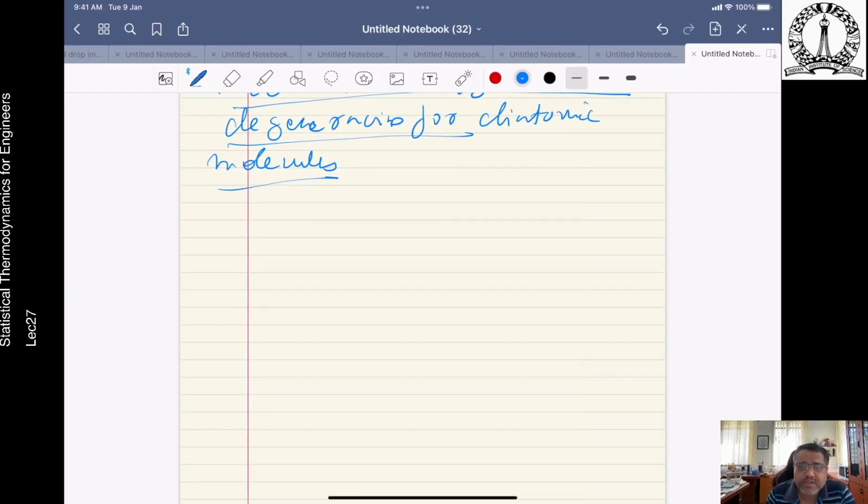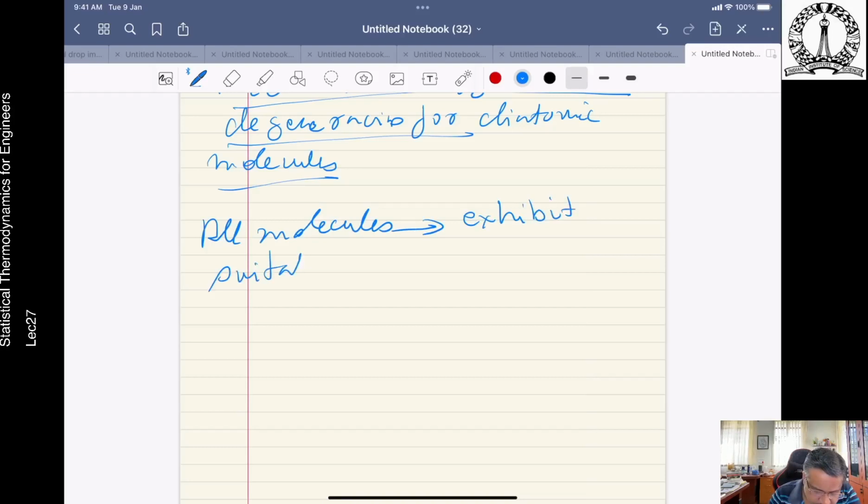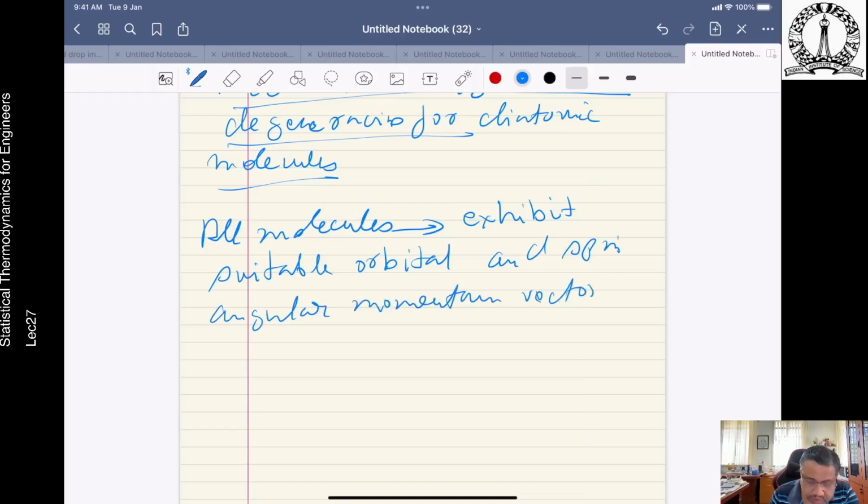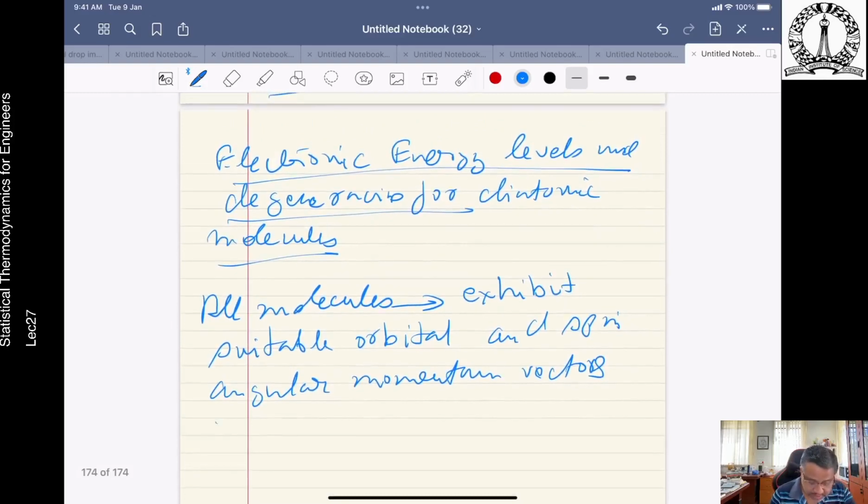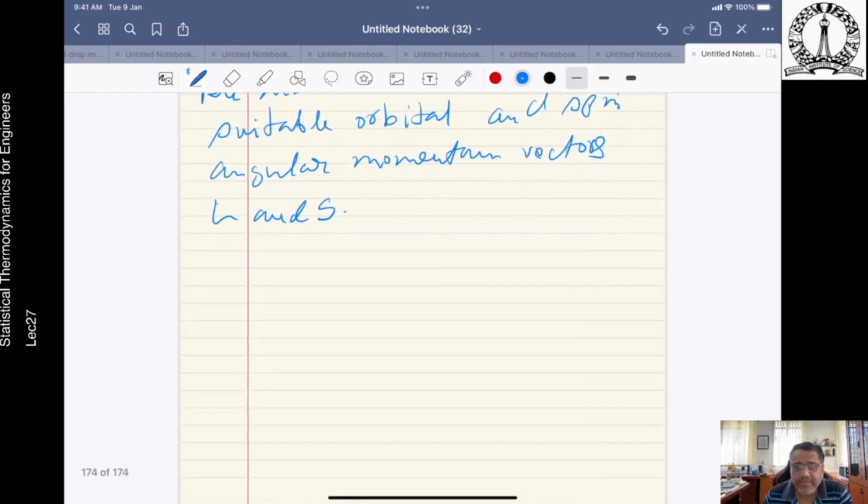All molecules exhibit suitable orbital and spin angular momentum vectors L and S. However, it exhibits that kind of a vector.